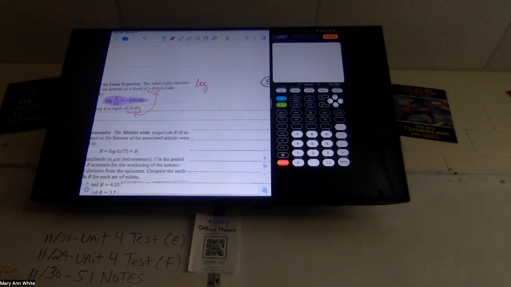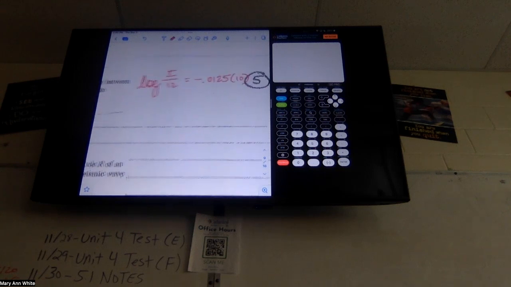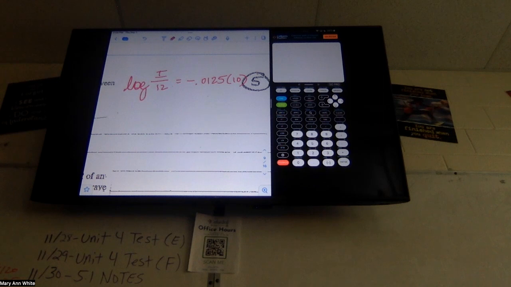So log of I over 12 equals negative 0.0125 times 10. Right, and then we can just start plugging and chugging. I'm gonna get the right side simplified a little bit. Negative 0.0125 times 10. Good, so I get log of I over 12 equals negative 0.125.